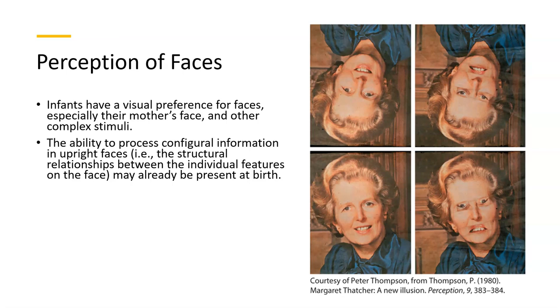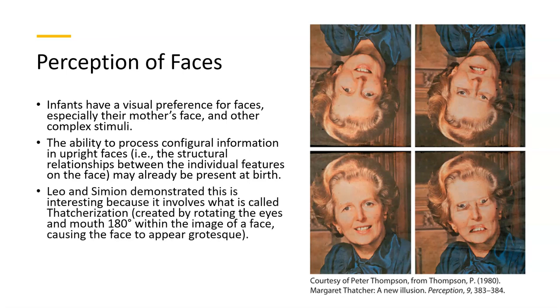That configuration is likely inborn because researchers can show that, as soon as infants can make out any kind of image, especially close up, they can determine when the features are in the right positions, when they're in the right order. And they get more sophisticated with that over time.